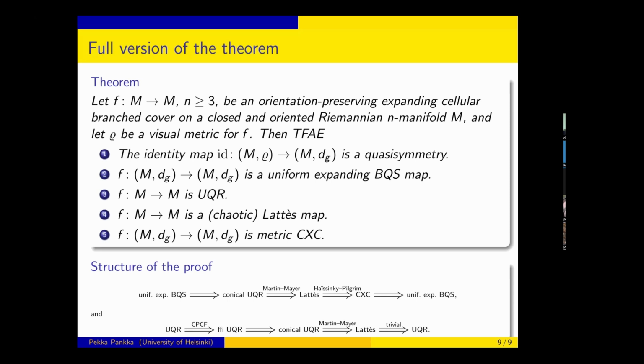But starting from dimension 4, we don't know whether UQR equals lattice. This would be very interesting to know. My feeling is that it would also shed light on why the list of quasi-regular elliptic manifolds looks the way it does.